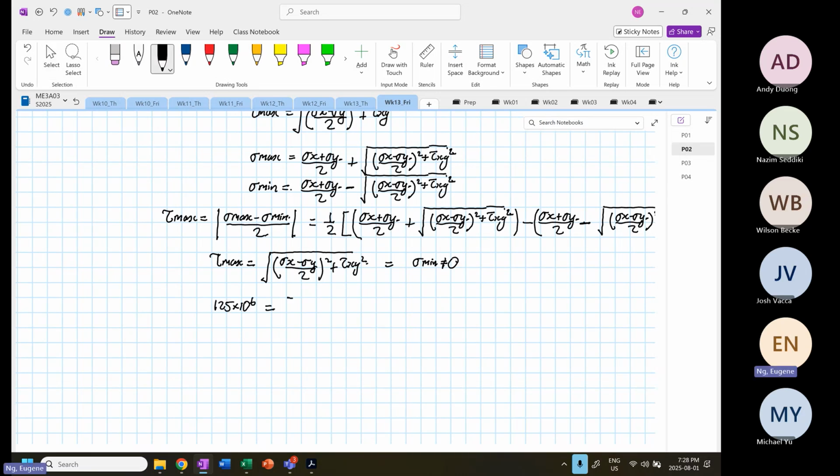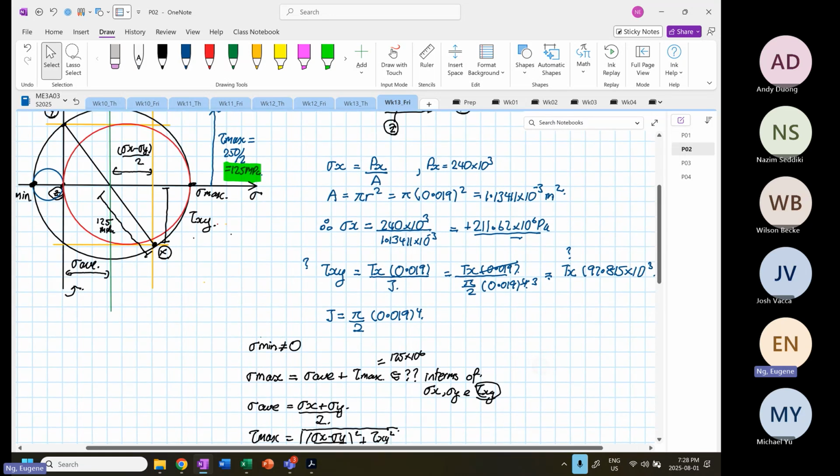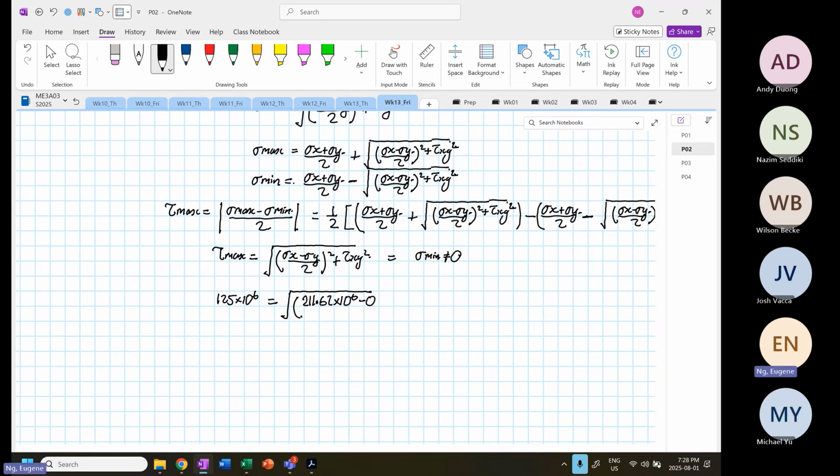And this whole thing will be equal to, we know that stress x, we found, is 211.62 minus 0, the whole thing divided by 2, squared, plus shear xy squared.